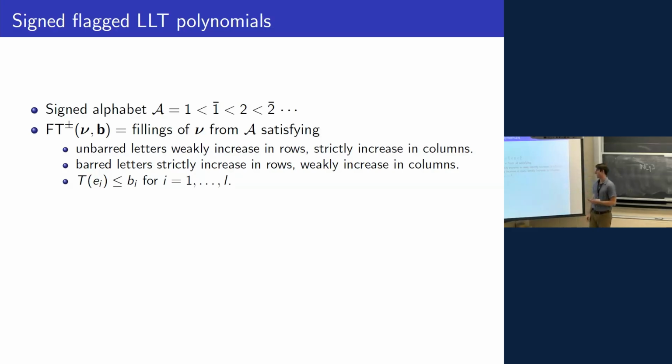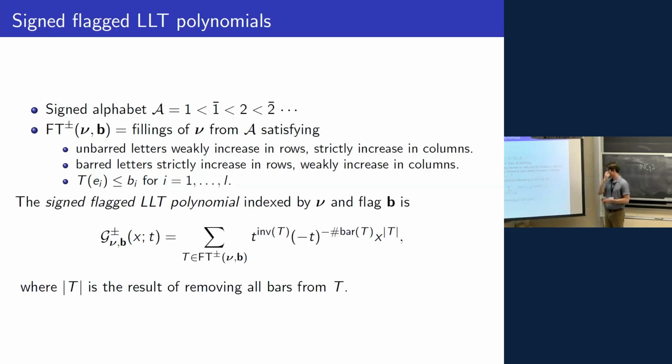And if I have my flag, I can still just pick bounds, and because it's a total order, that makes sense. Then I define a signed flag LLT polynomial, where I go over all such fillings, and the binomial weight I associate to it computes the inversions in the same way, but the barred letters will contribute a minus t inverse times x_i.